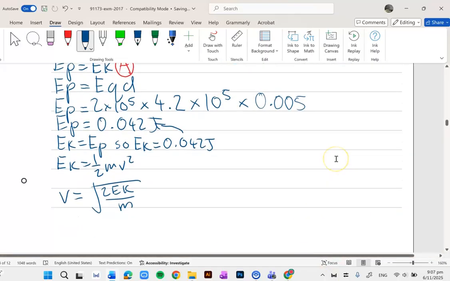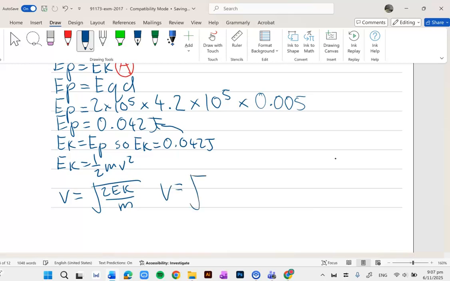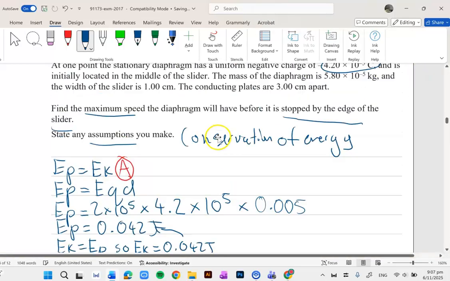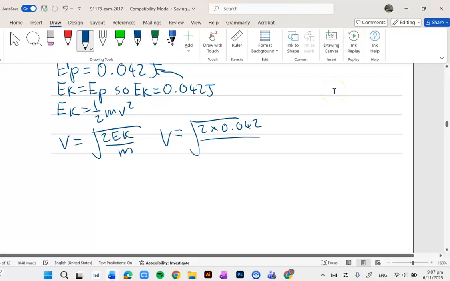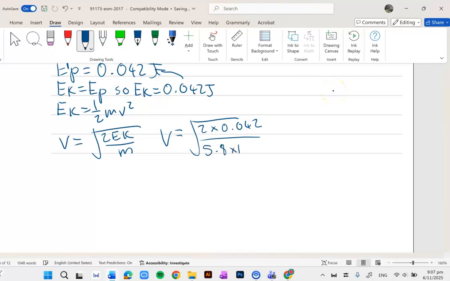So we're going to chuck in our values: 2 times 0.042 divided by the mass, which they should have given us. Yeah, it's right here, 5.8 times 10 to the 5. So that should equal 38.1 meters per second, rounded to 3 significant figures.